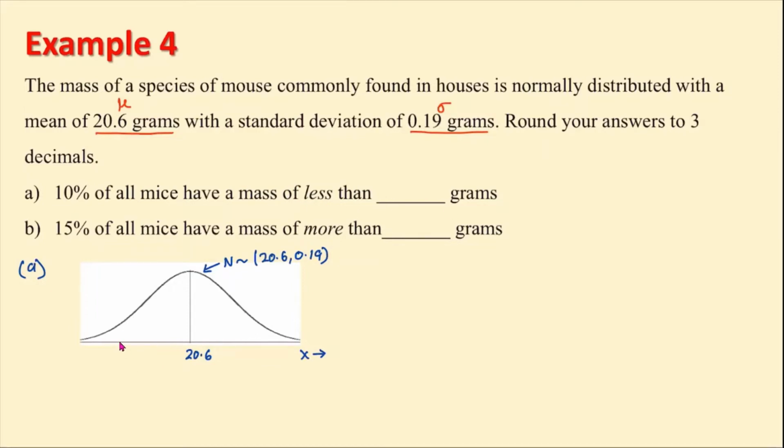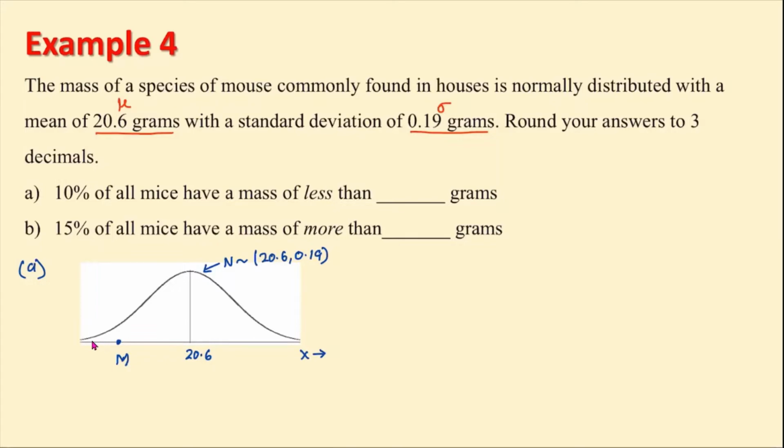So if we try to consider something over here, if you want to find that value, the weight of the mice, or you can say mass, whatever you call it, you have to find this mass so that you have 10% below that.